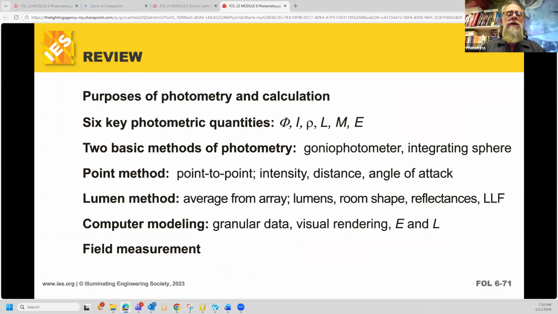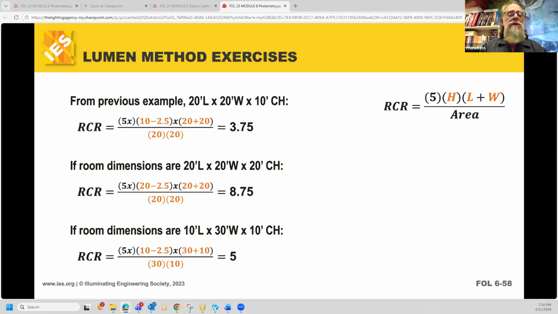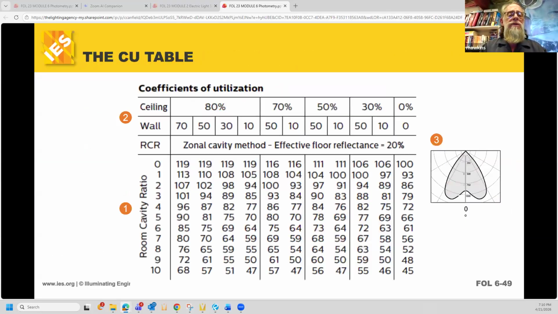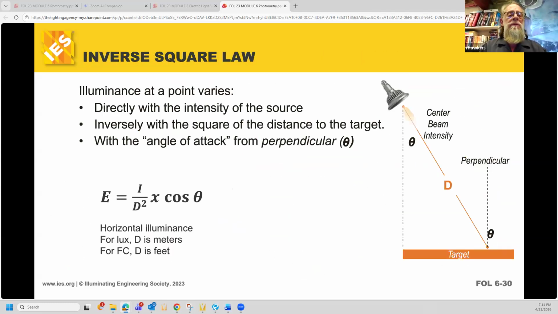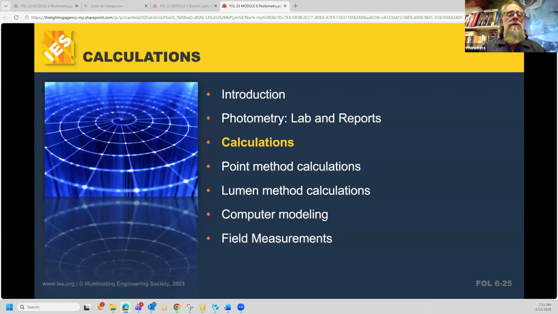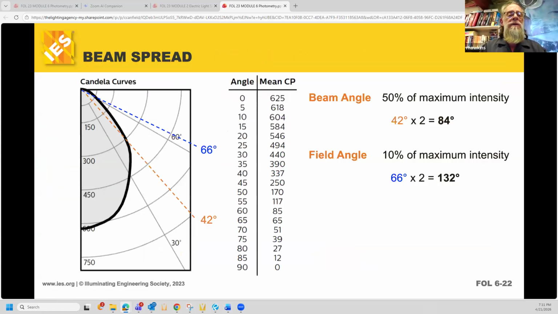Those 6 key quantities, remember those guys? I'm going to go back to them because they're just super important, and I keep saying that.